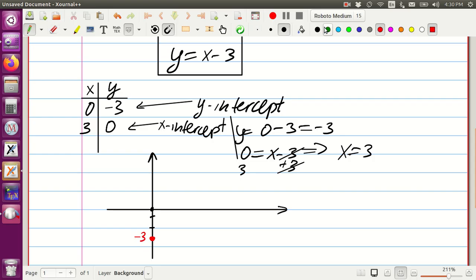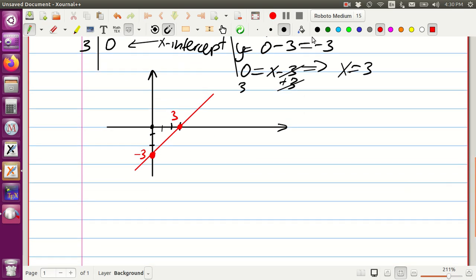And then on the x-axis, we also go 1, 2, 3, and this point over here will be our second point. Then we create a straight line through these 2 points, and we have a sketch of our graph. As I said before, we start with something easy and we move to harder things.